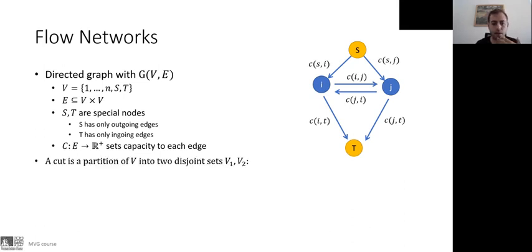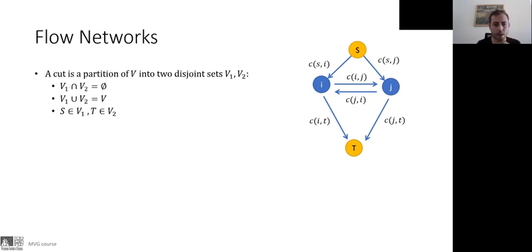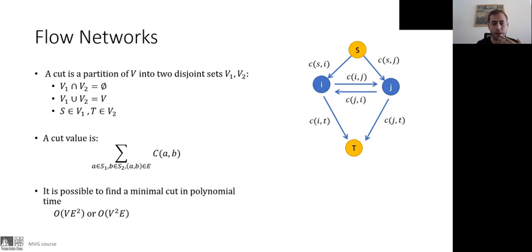A cut is a partition of V into 2 disjoint sets such that S is in V1 and T is in V2. For a cut, we can find its cut value by summing the capacities of edges that cross the cut from a node in V1 to a node in V2.